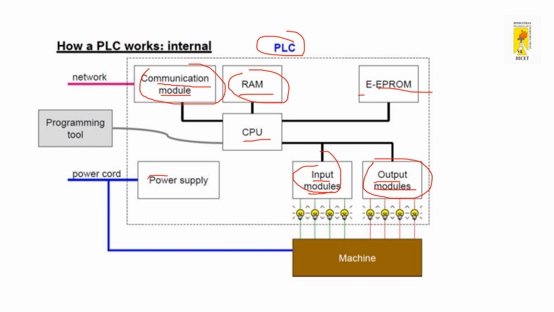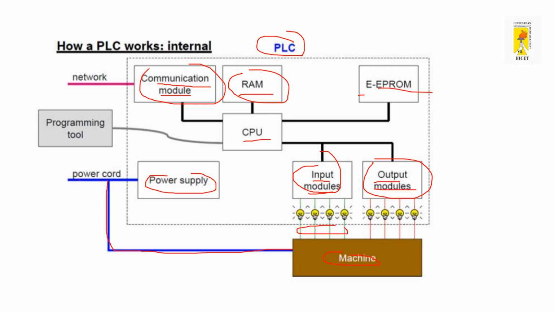You have a power supply to actuate all these parts of the PLC. The power supply is taken from the power cord, and in turn there is power supply to the power cord from the machine which is connected with the PLC. This machine has input devices and output devices. The input devices give the signal to the input modules.